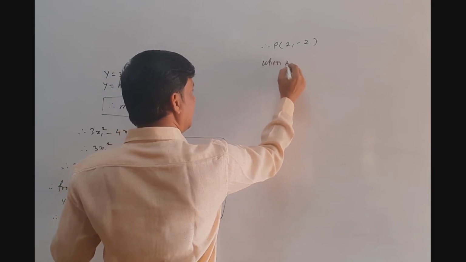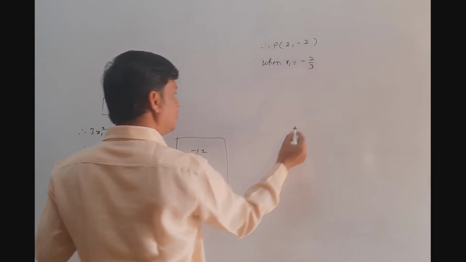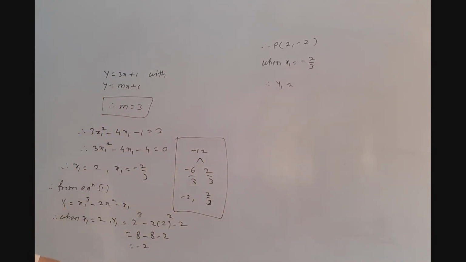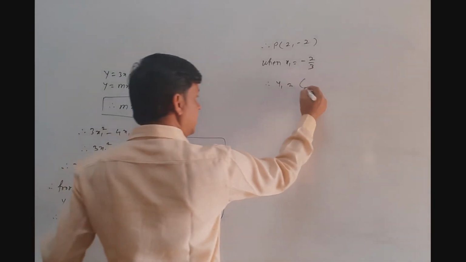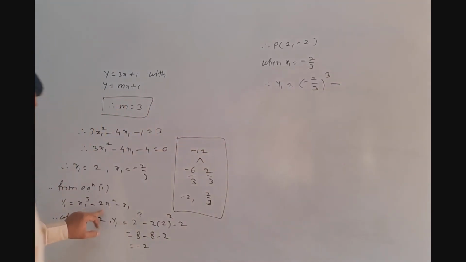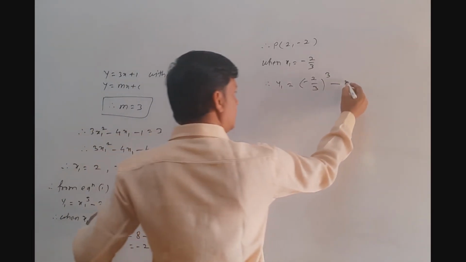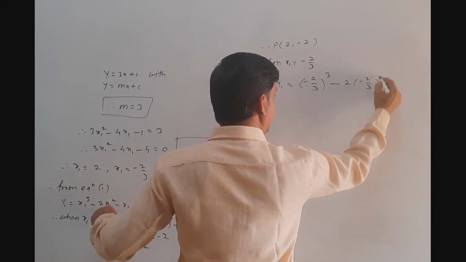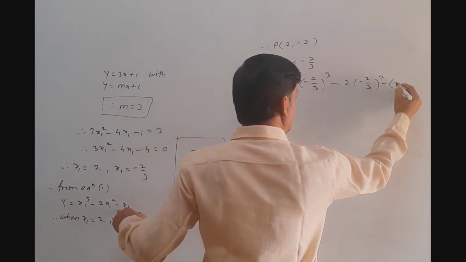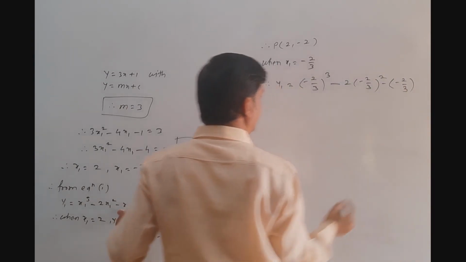When x1 is equal to minus 2 by 3, then y1 is equal to, so we substitute this x1 by minus 2 by 3, so we get here (minus 2 by 3) cube minus 2 into (minus 2 by 3) square, then minus 2 by 3 minus of minus 2 by 3.